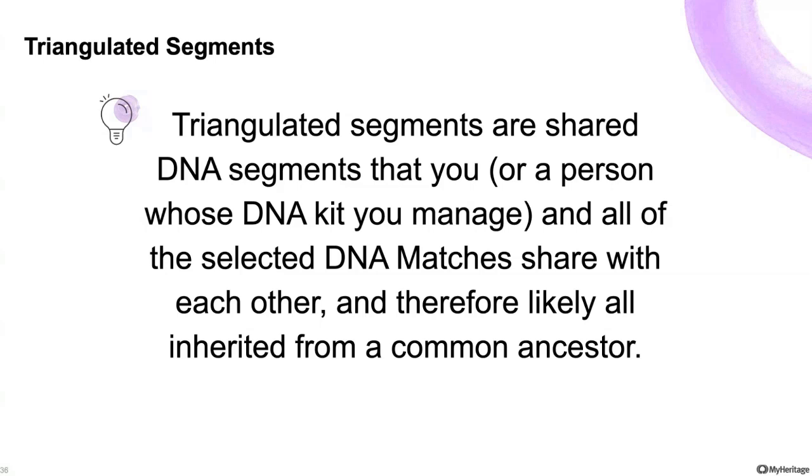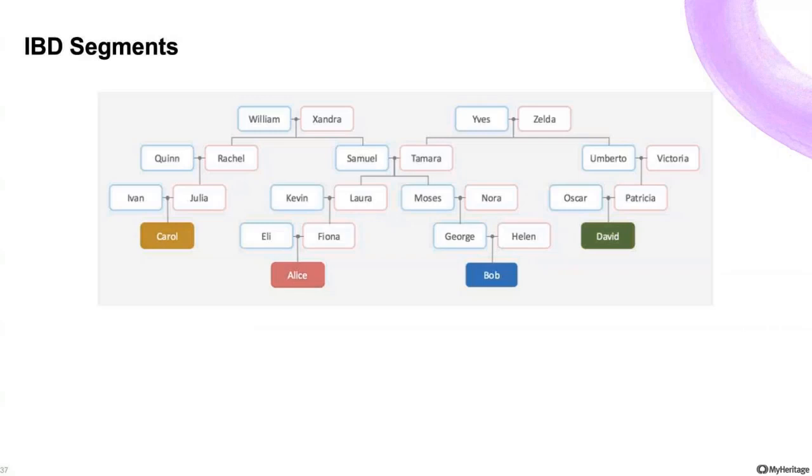And you are matching them, of course, because they're in your list of DNA matches. When all the people that you've selected to compare their DNA to one another and to yourself are matching in a specific location, that can be a hint that all of you are related through a pair of common ancestors. Let's look at a few examples.